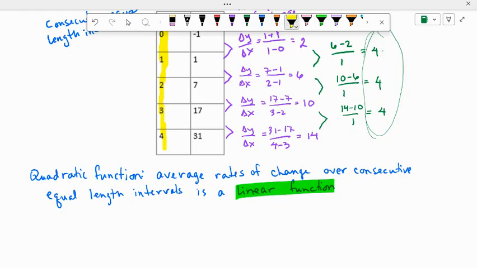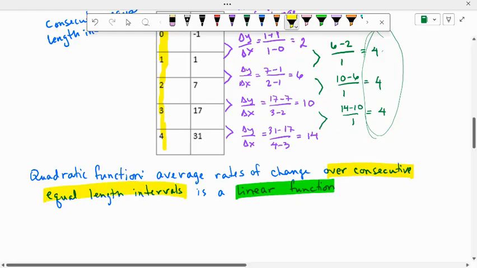So again, over consecutive equal length intervals, the rates of change form a linear function. That means that the function I was looking at was a quadratic.